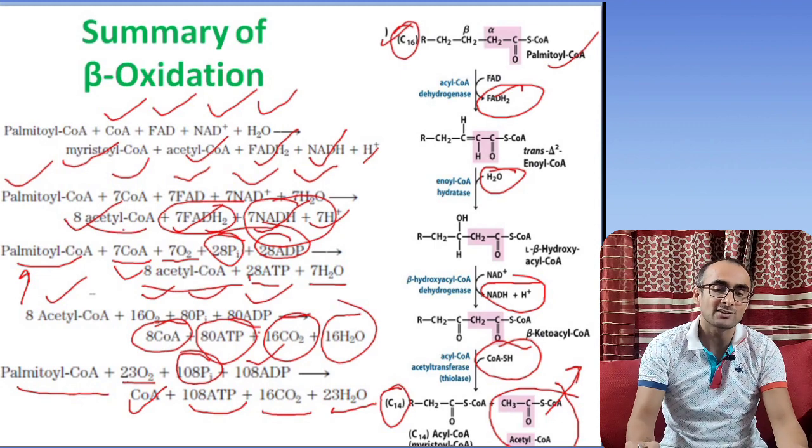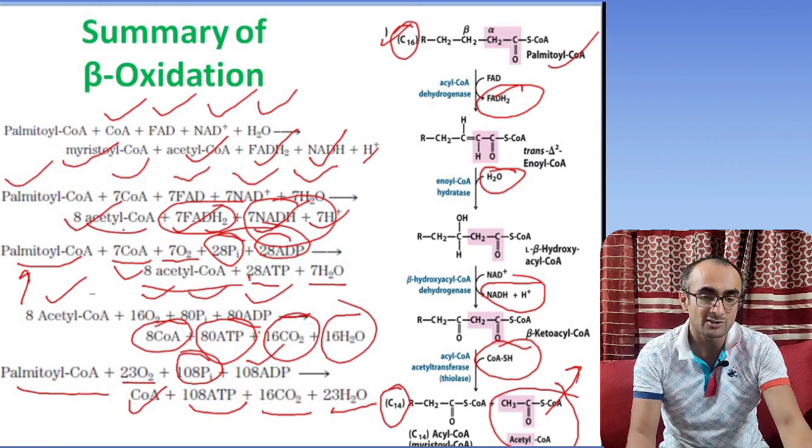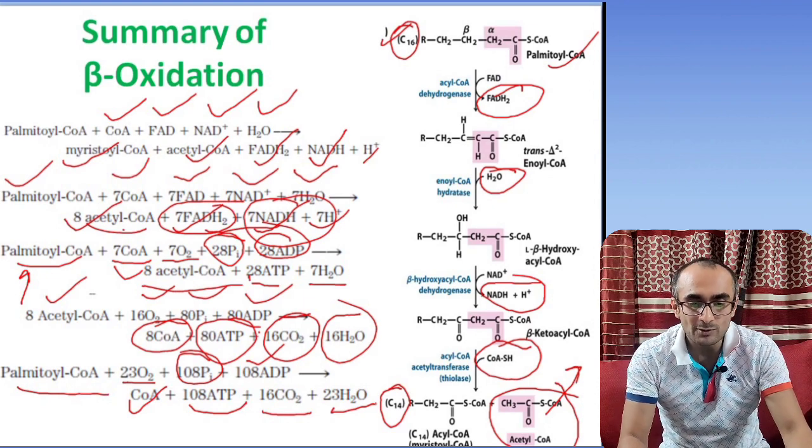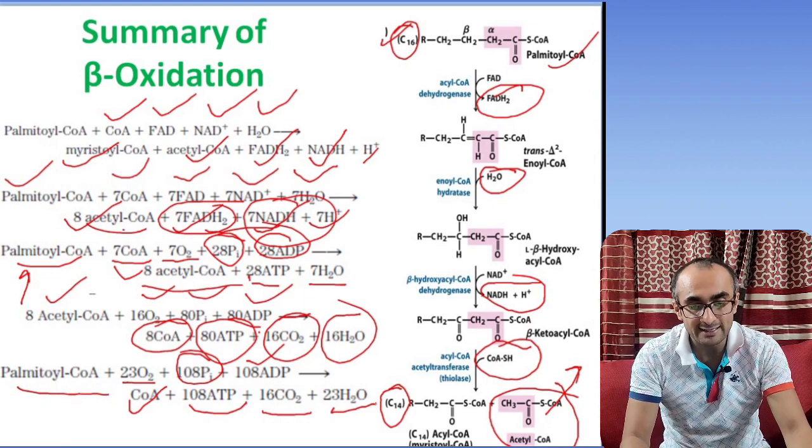So that is the net reaction you get after complete oxidation of 16-carbon palmitate into ATP. So you get 108 ATP.